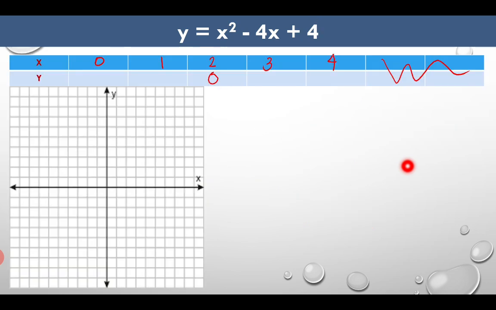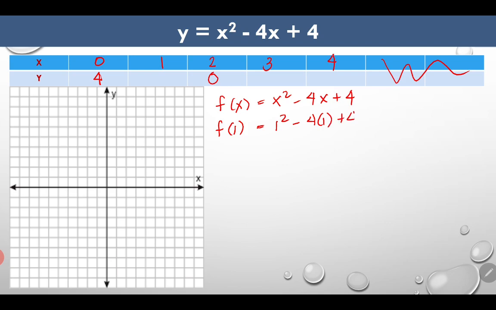Ay 4. Okay, so 4 yan. Okay, no need to solve it. So let us solve the other. F of x equals to x squared minus 4x plus 4. So if x is 1, that becomes 1 squared minus 4 times 1 plus 4. So this becomes 1 minus 4 plus 4. So that is equals to positive 1.